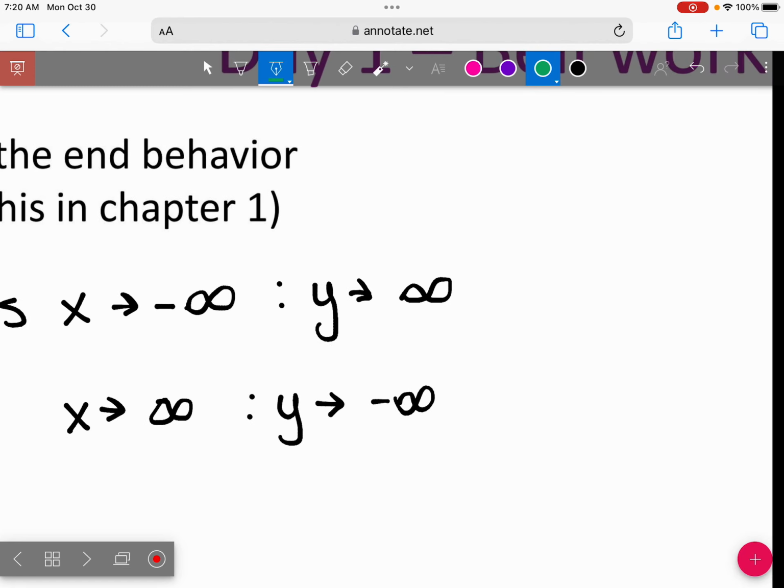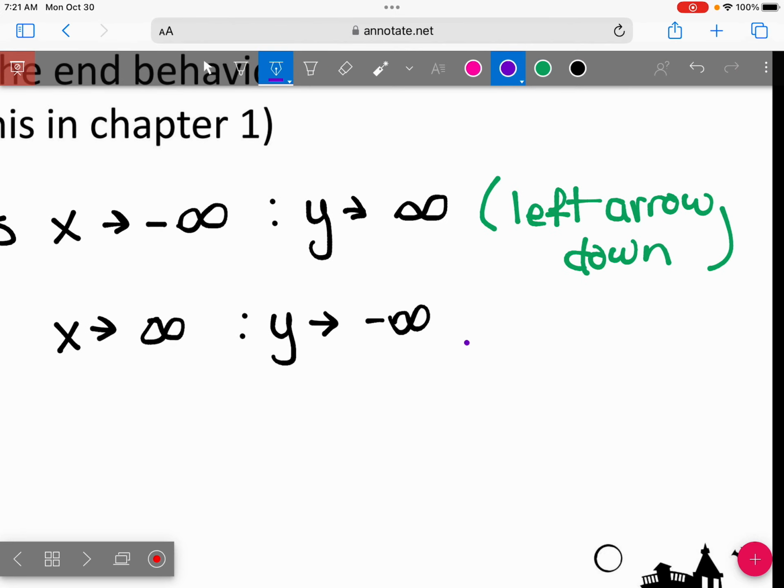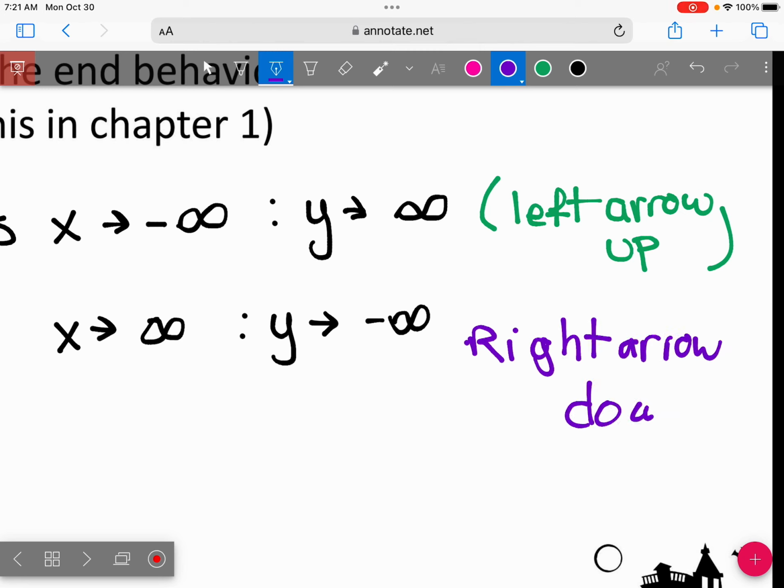So again, this is fancy schmancy math talk for left arrow up, and right arrow down. That's what these two things mean.